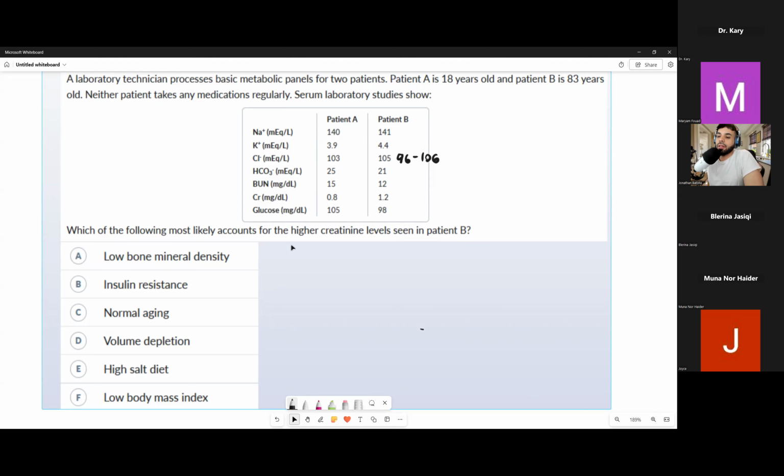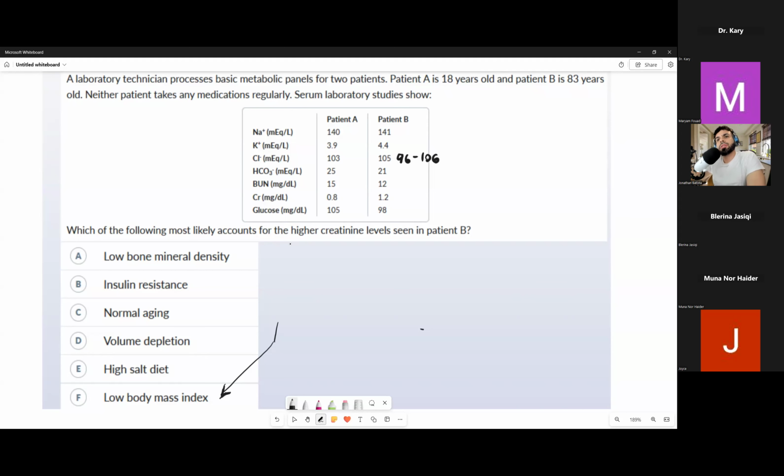They did try to throw you off with the idea of body mass index, because creatinine is very much relative to how much muscle mass the patient has. A patient with more muscle mass will release a higher level of creatinine, especially if you're exercising. But you stuck to your main idea, and that is true. Age related, you'll start to see this as a problem with older patients. Older patients tend to have a lot of different issues.